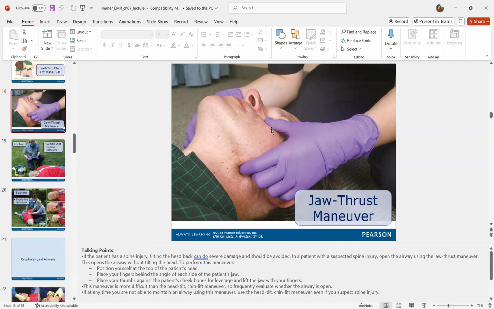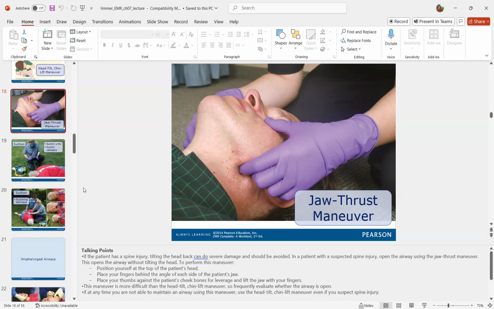There's a really hard bone right there. So I'll put my thumb there, and you're going to grab the angle of the jaw, and you're going to pull the jaw forward. As you pull the jaw forward, you're going to push down with your thumbs and pull up right here, and that whole mandible is going to pop up, and it's going to open the airway out. It's a little bit more difficult than the head tilt chin lift maneuver, but it's frequently used as a way to open the airway.